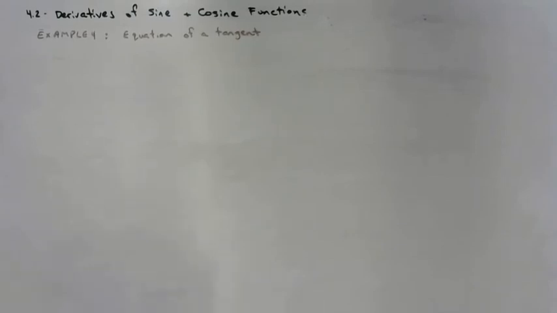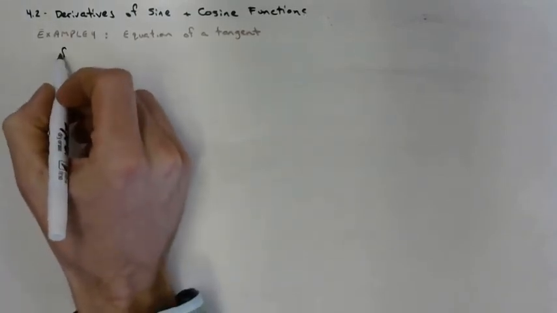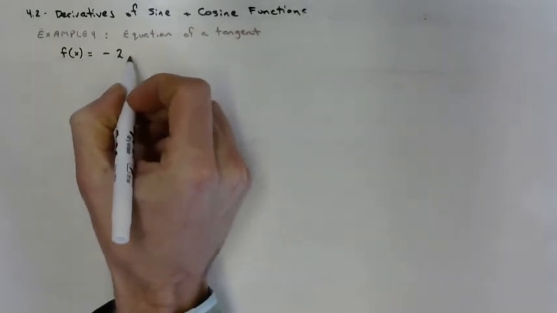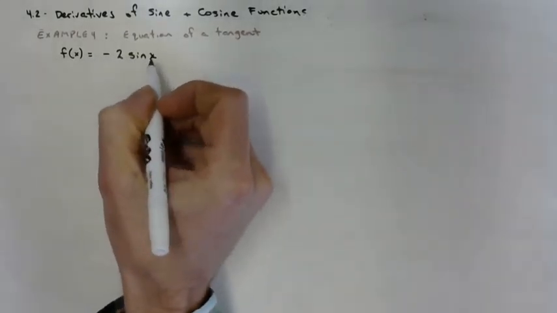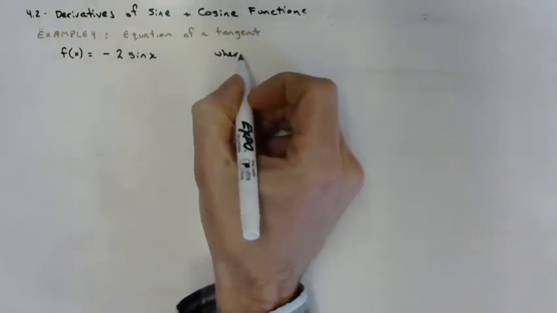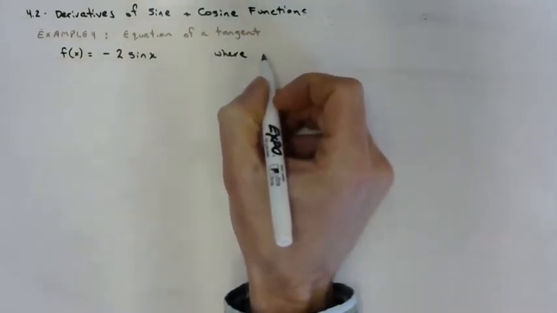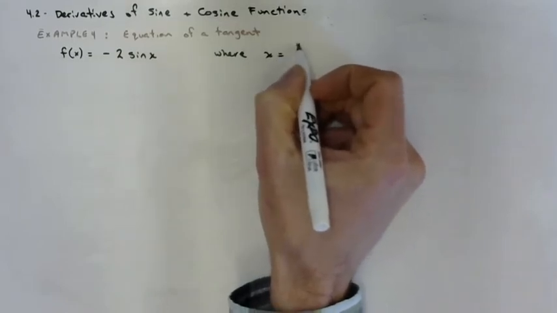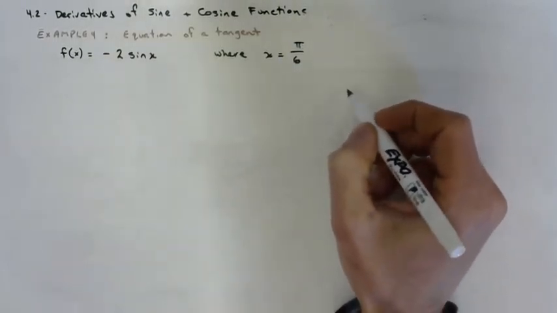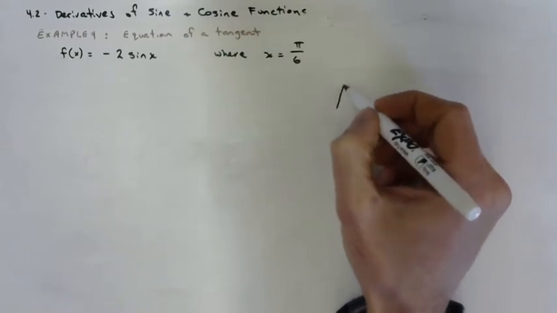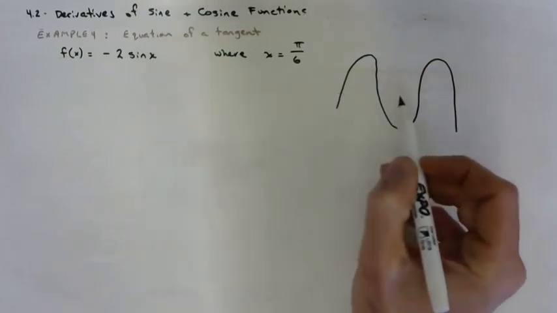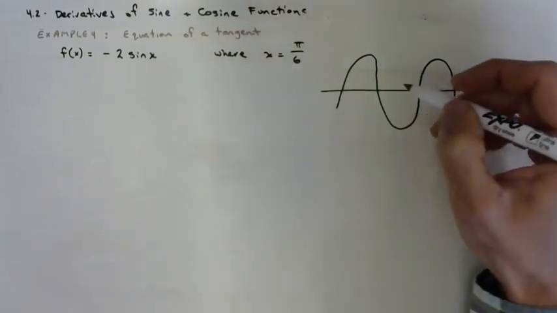The function that is given is f of x equals -2 times the sine of x, and we want the equation of the tangent where x equals pi over 6. If we drew a quick sketch of this, it looks something like this.